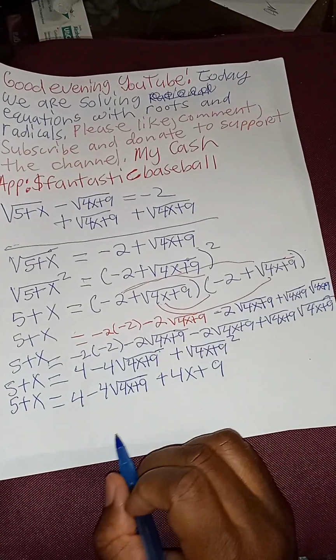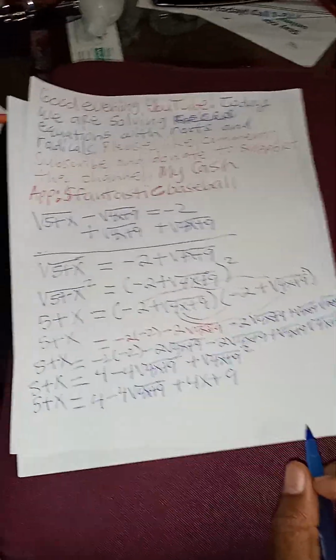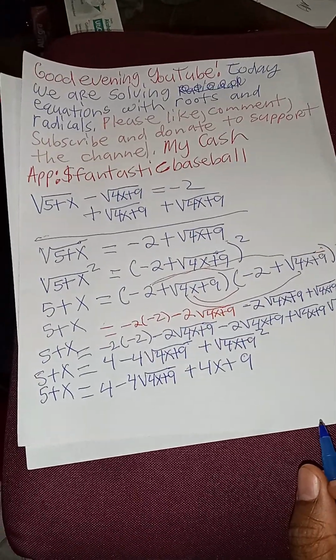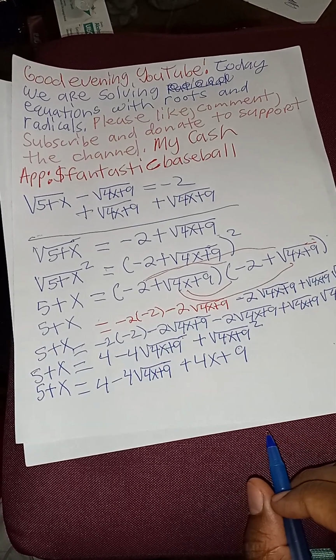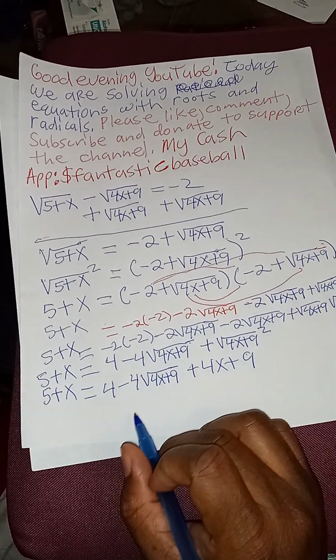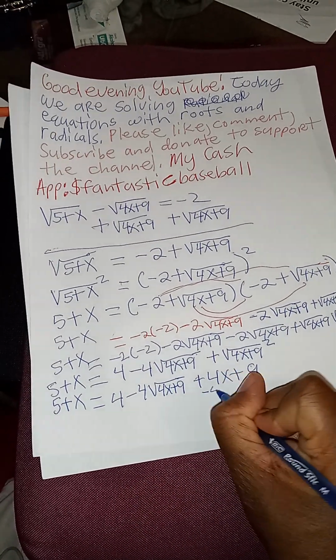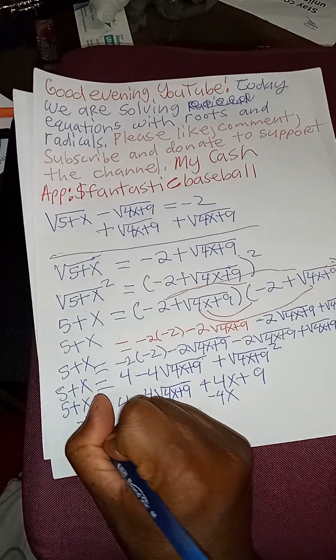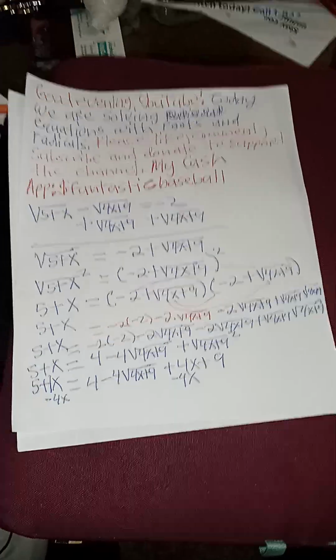So now we want to subtract 4x to both sides of the equation. And then we could put a 1 in front of this x here because 1 times x is x.